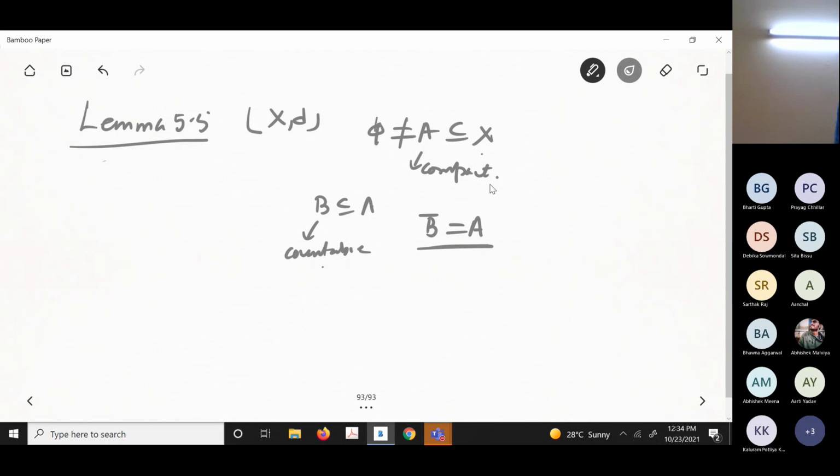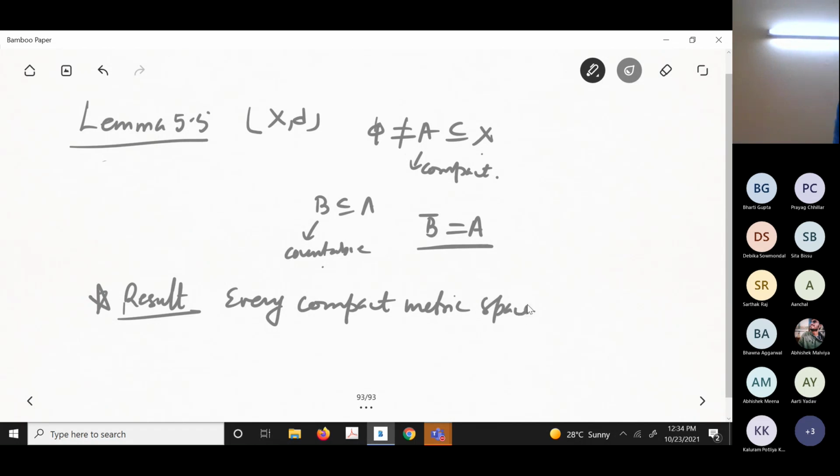So any compact metric space is separable, this is very important. Basically this you need: every compact metric space is separable.